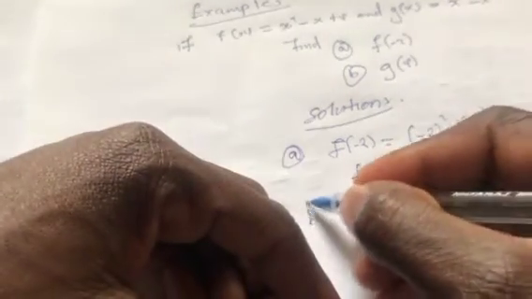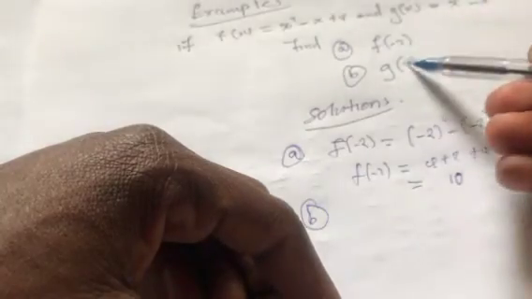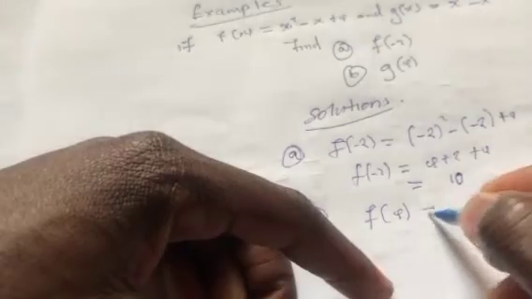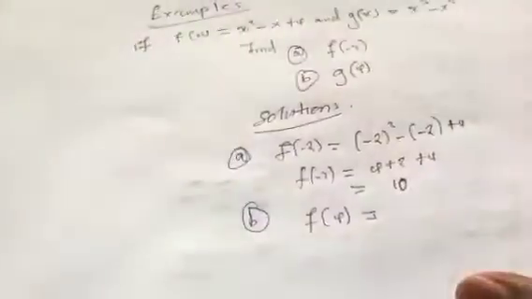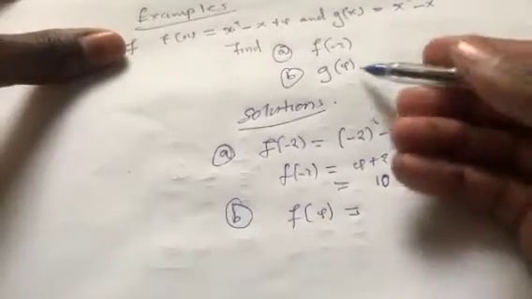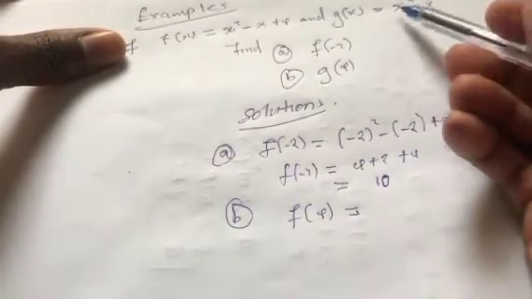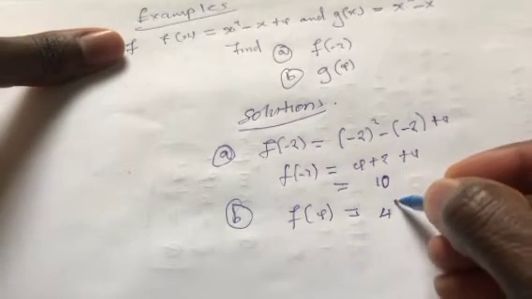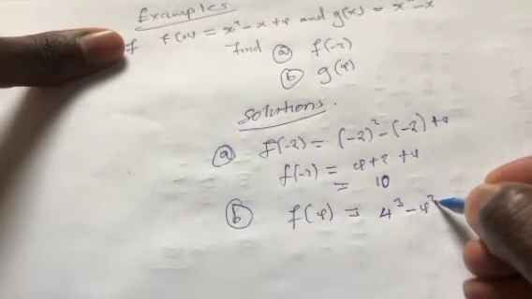Then for b, you do likewise by plugging in the value of 4 there. So f of 4 has to be equal to, you take this 4 and put it where there is x. We're going to have 4 to the power 3 minus 4 square.